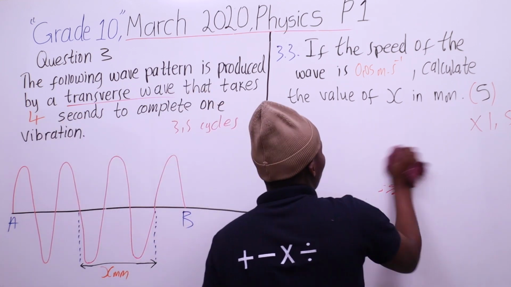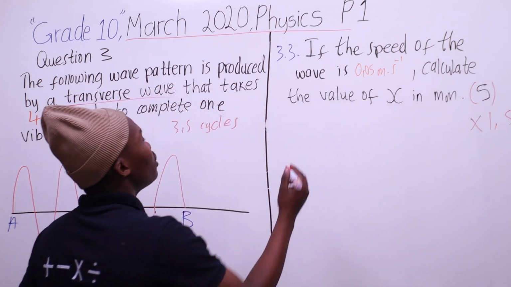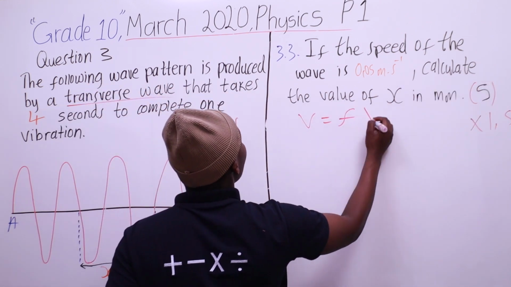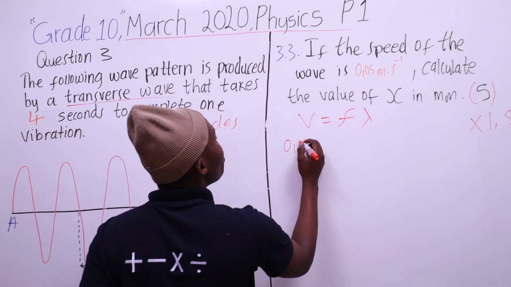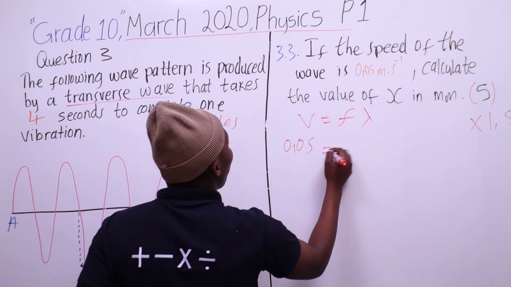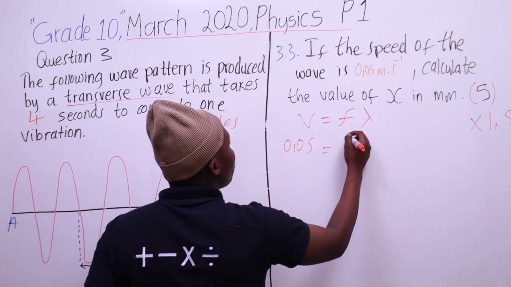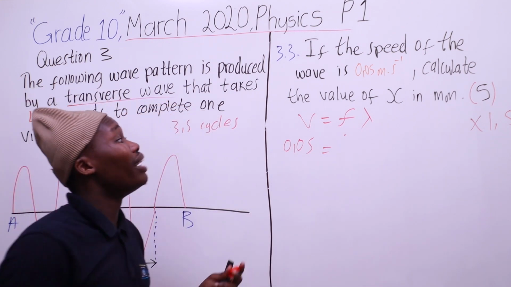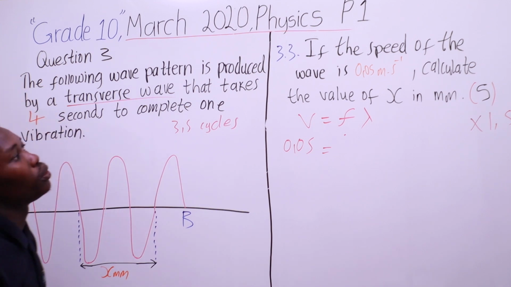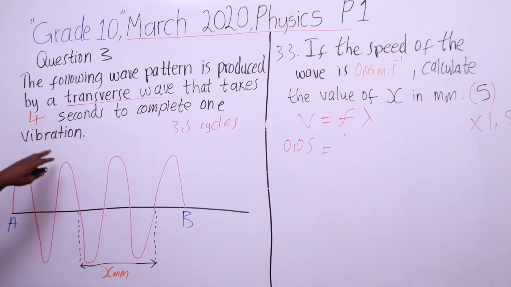Let's go on now, starting by using the wave equation. So V is equal to F lambda. Don't forget this. What is our V? 0.05. What is our F? Our F is our frequency. Don't forget this. The frequency we use is the one they gave: it takes 4 seconds to complete one vibration.